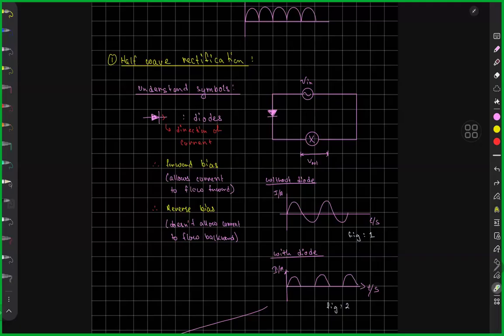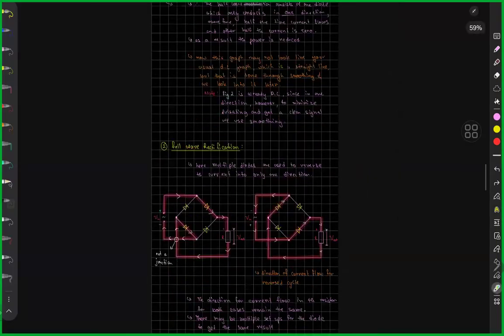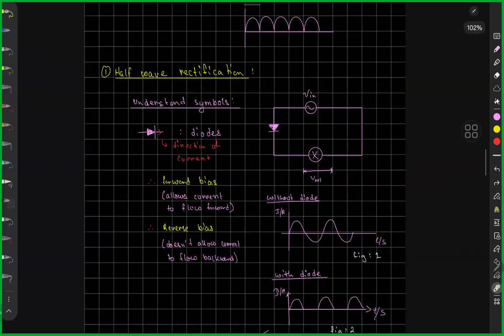In this entire process, let's say current is flowing in this direction. The diode would allow the current to flow in that direction. So for the entire half cycle, there is current in the circuit.